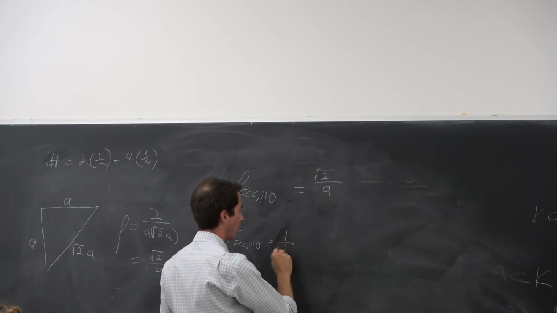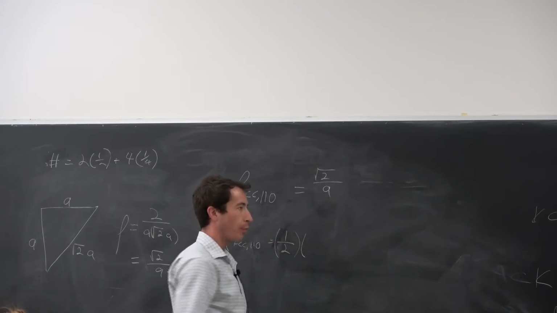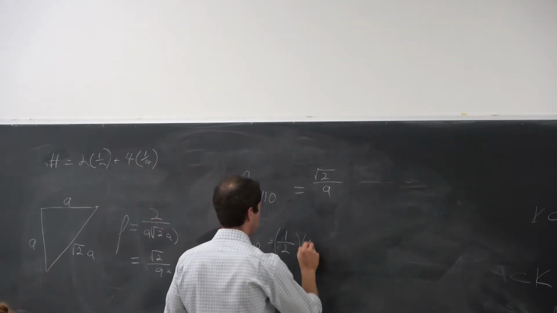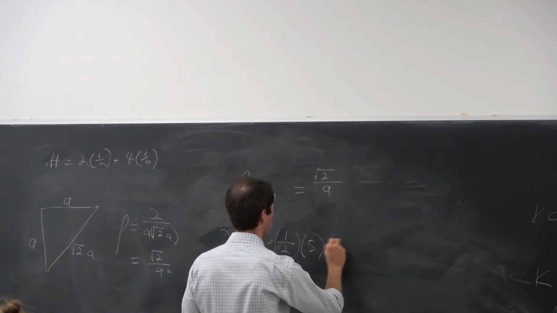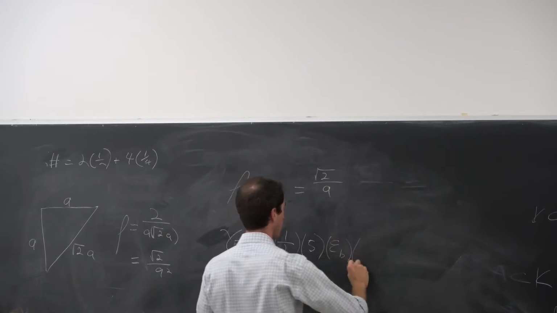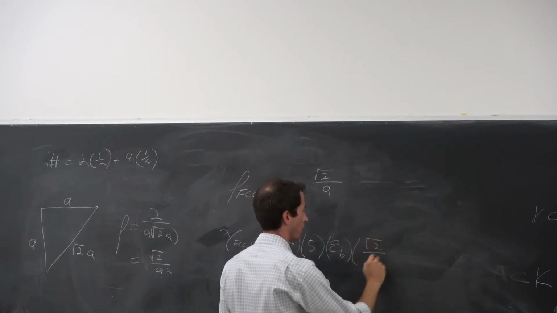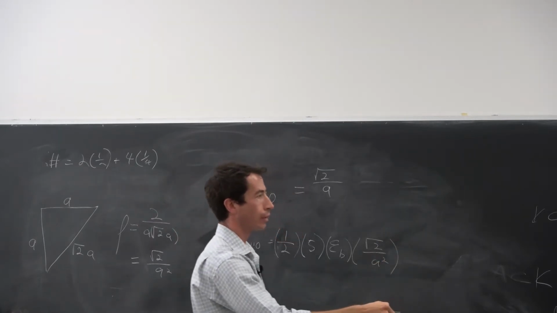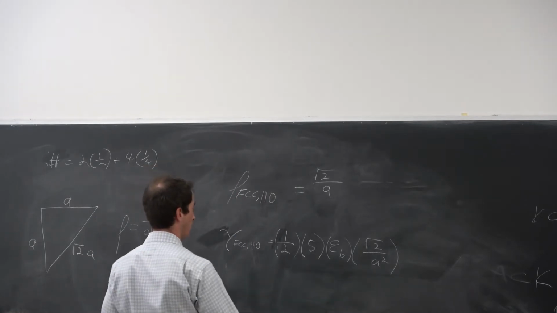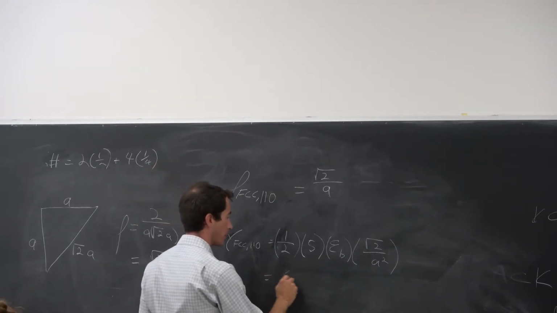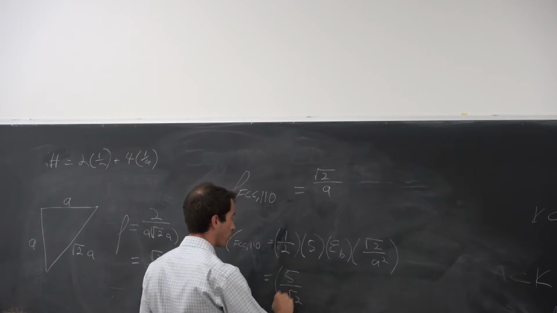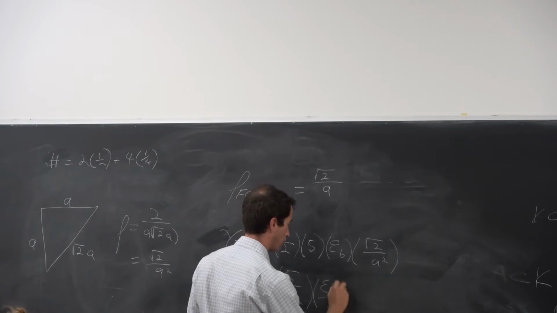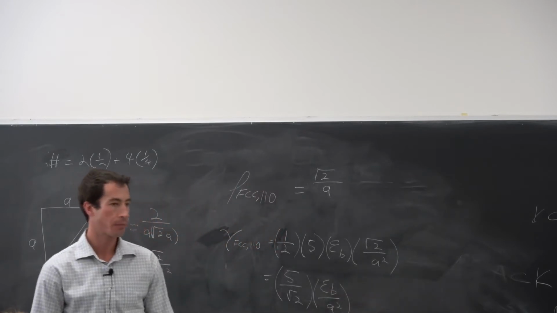Equals 1/2 times number of bonds broken is 5. God. Times the binding energy times root 2 over A squared. Right? I'm just using that equation right there that I put. So therefore, this simplifies to 5 over root 2, okay?